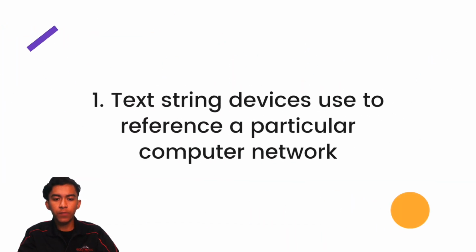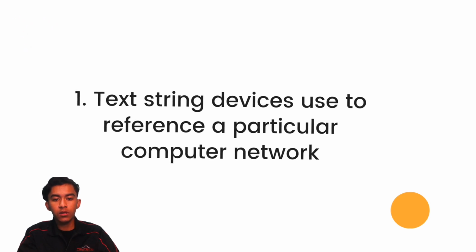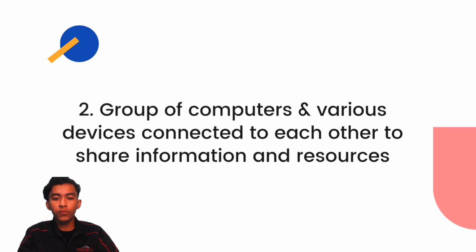First point about this topic is the purpose of planning a network. A name and address is a text string used to reference a particular device on a computer network. So what is a computer network? A group of computers and various devices connected to each other to share information and resources.